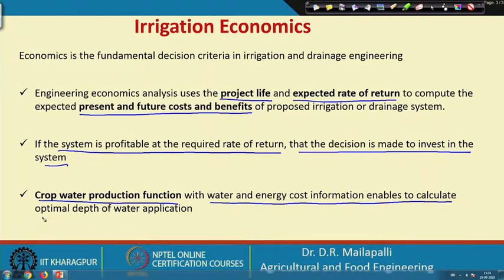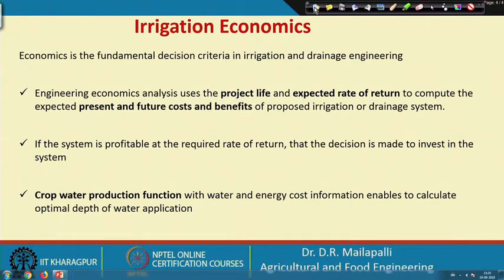This enables us to calculate the optimum depth of water application, so that the yield will be maximum and the profit will be maximum.